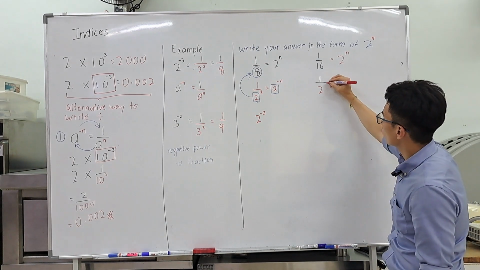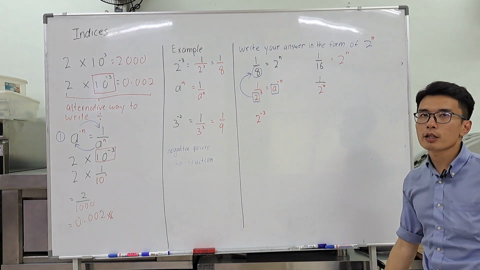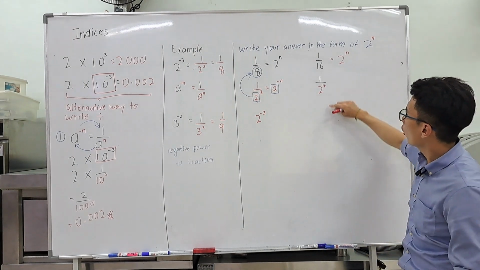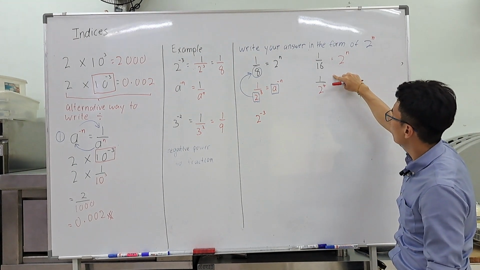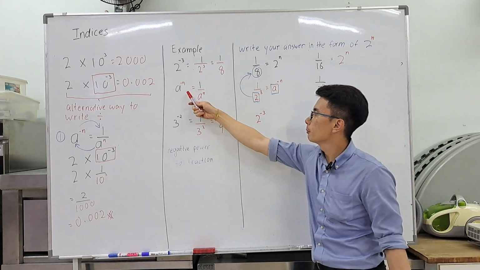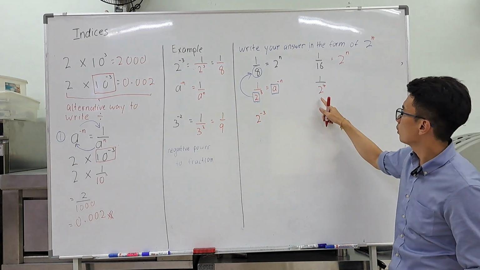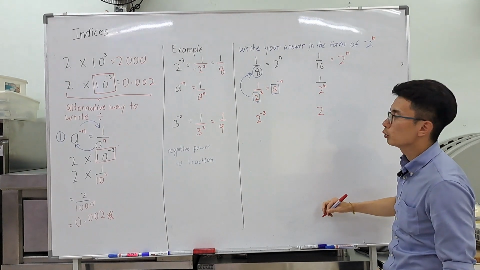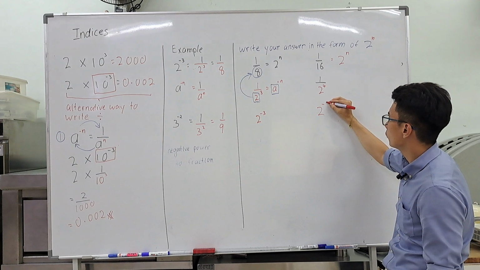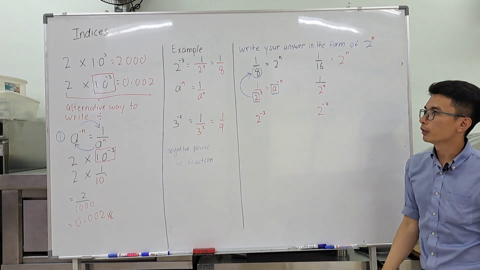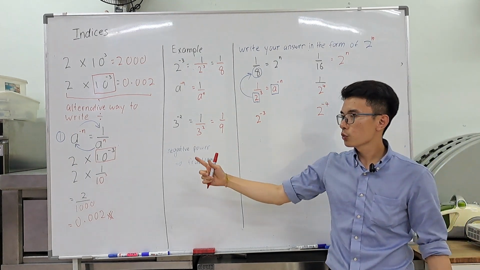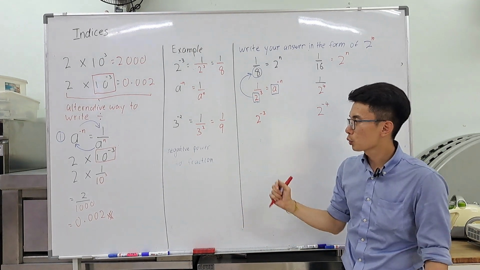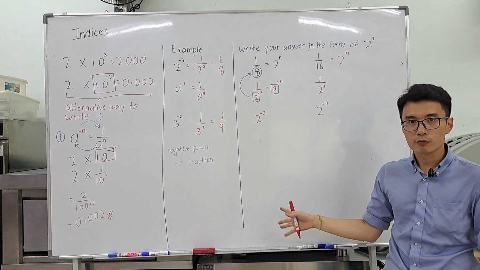In this case, it will be 4. 2 to the power of 4 is equivalent to 16. Now all I need to do is bring this up, so I can rewrite this as 2 to the power of negative 4. So this is the first rule of indexes, which is very important. Make sure you get yourself familiarized with the first rule first.